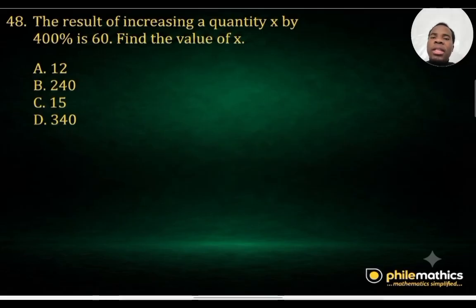That's what the question is simply saying. It's saying x plus 400% of x gives 60. That's what they mean.